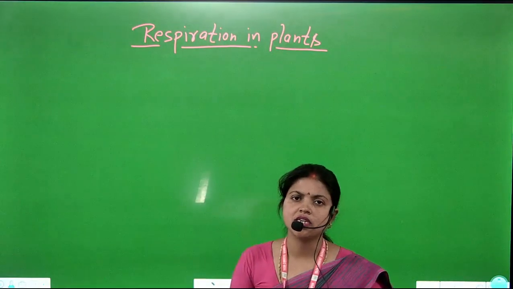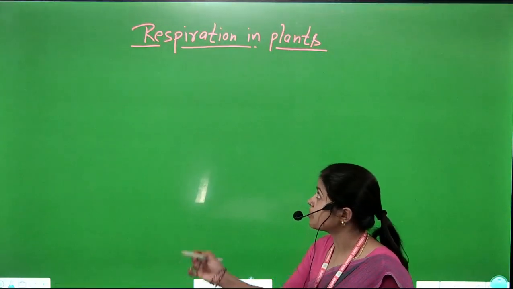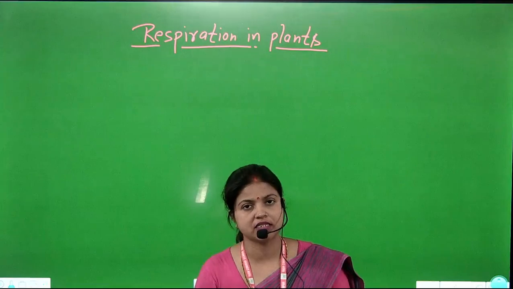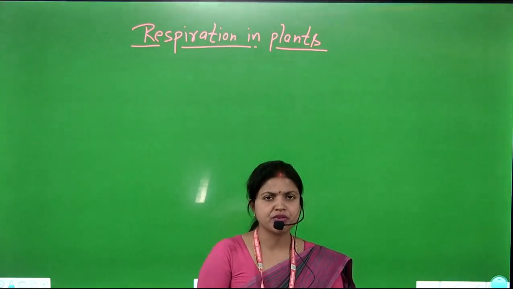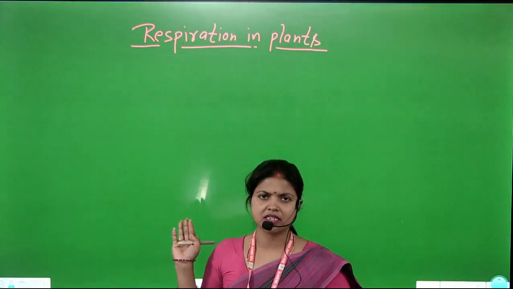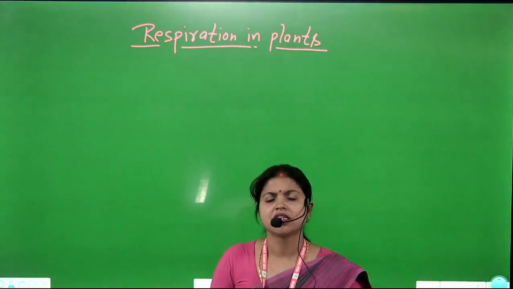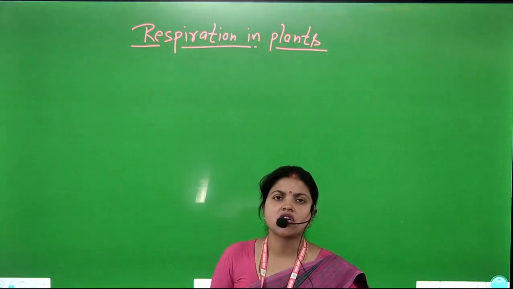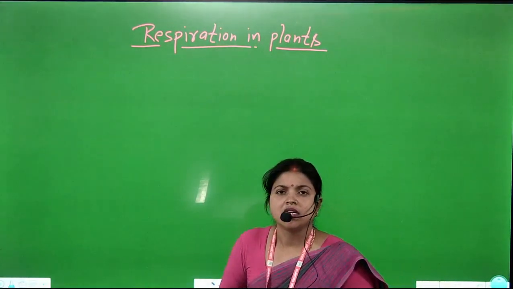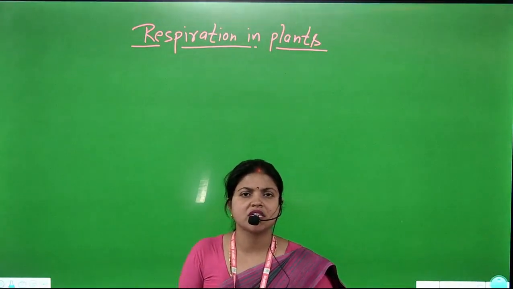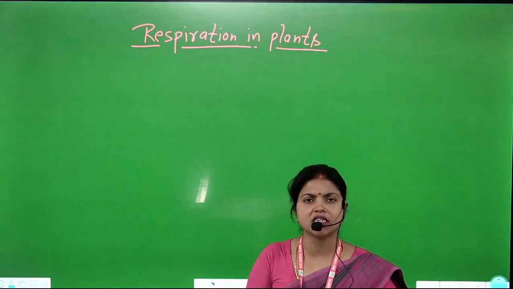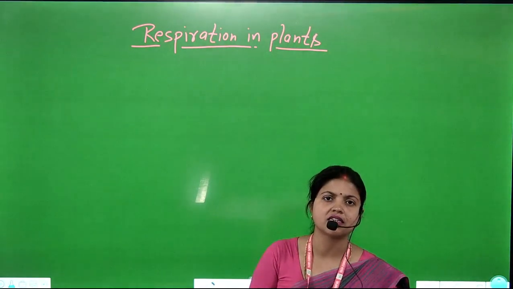Students, today I am here with a new chapter of class 11th, Respiration in Plants. In the previous class you learned respiration in plants and animals in class 10th very briefly, because respiration means exchange of gases from the atmosphere, inhaling the air and exhaling carbon dioxide.